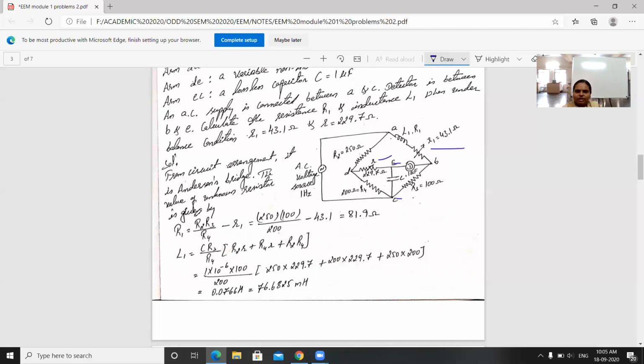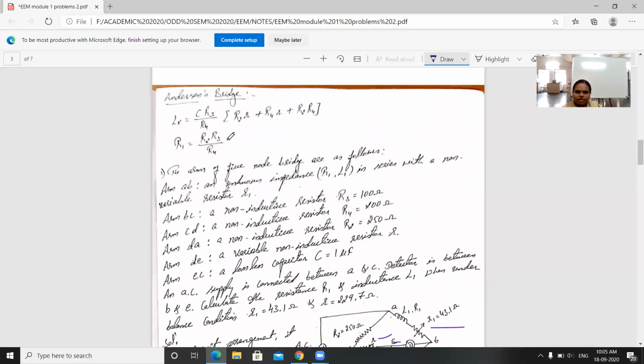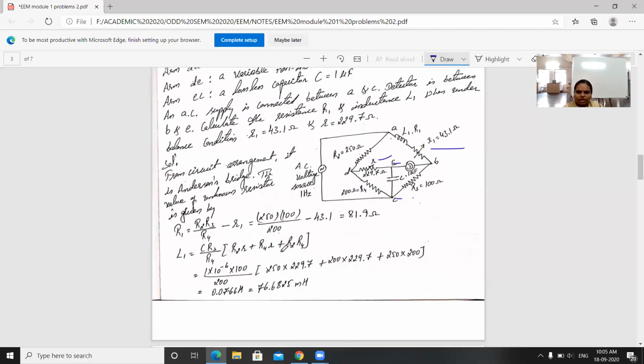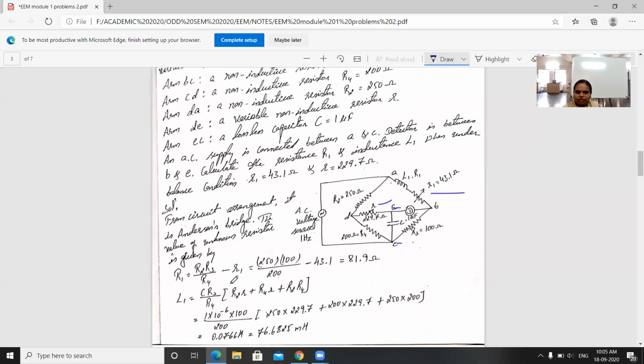R2 is 250, R3 is 100, divided by R4 which is 200, minus this r1, which is connected in series, right? For that reason, the unknown parameter equation is this minus r1. After substituting 43.1, you will be getting 81.9 ohm.